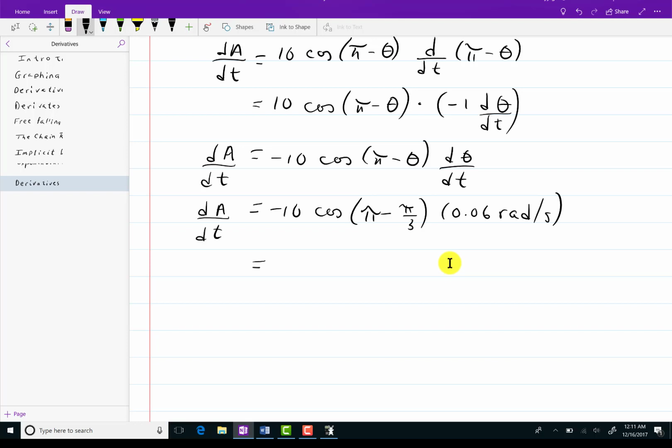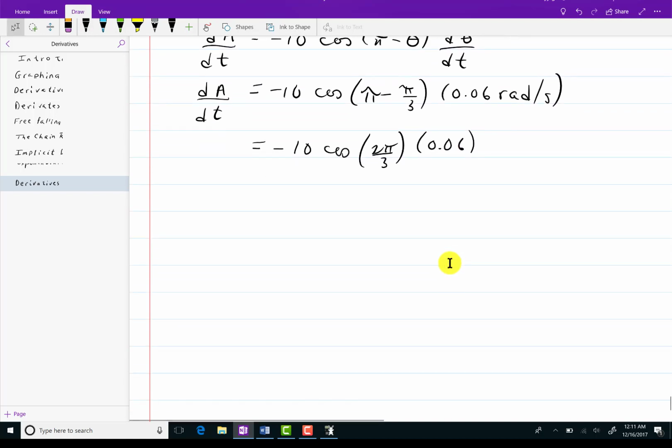This equals -10 cosine of 2 pi over 3 times 0.06. -10 cosine of 2 pi over 3 is -1/2. So that's 5 times 0.06.